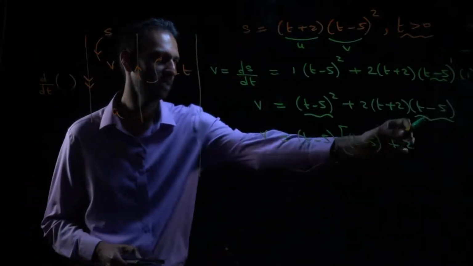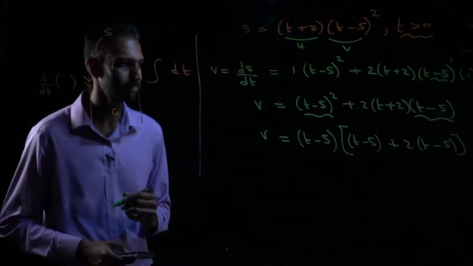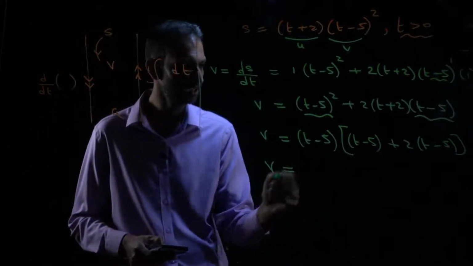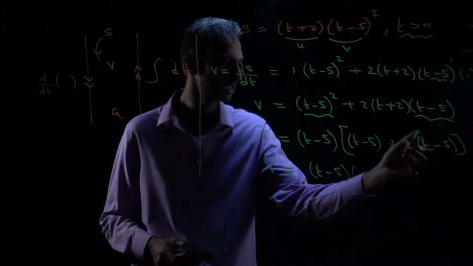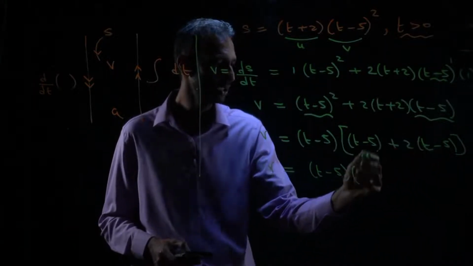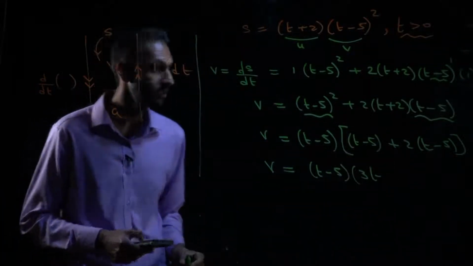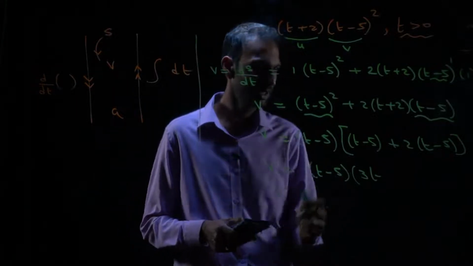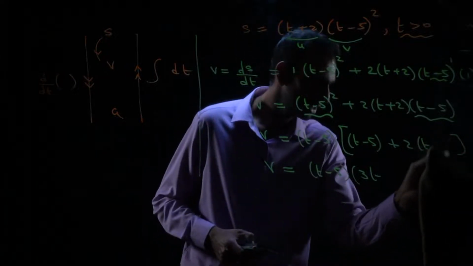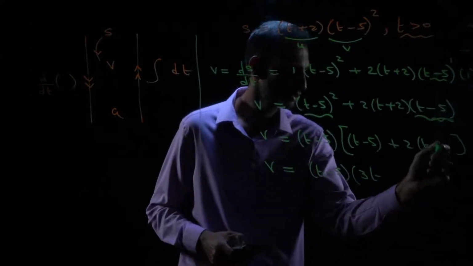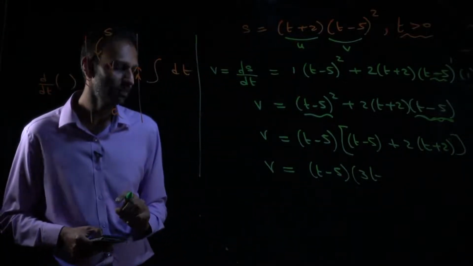I've already factorized the t minus 5, so that should be t minus 5 again. So let us simplify. V is technically t minus 5. Now, t plus 2t, if we expand the inside, 2 times t is 2t, 2t plus t is 3t. Minus 5 minus 10, so basically minus 5, so that should be plus 2. Sorry, there is a calculation mistake here, because that's already factorized, so it's plus 2. So it's good that we check each step so that we don't make any mistake.